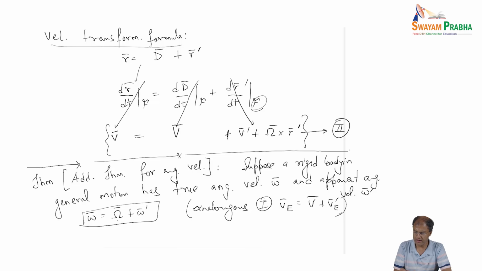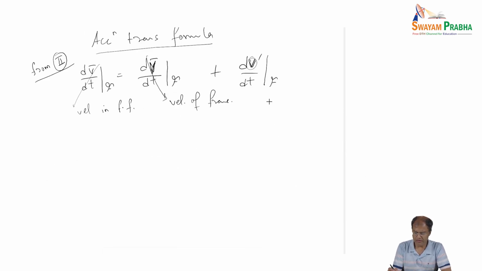So coming back, we see that this is dv prime/dt prime, plus the second quantity coming from the rotational part. So d omega/dt at f cross r prime, plus omega cross dr prime/dt at f.